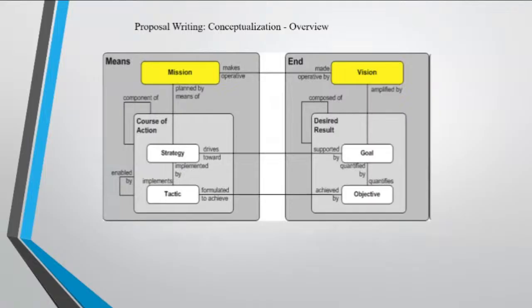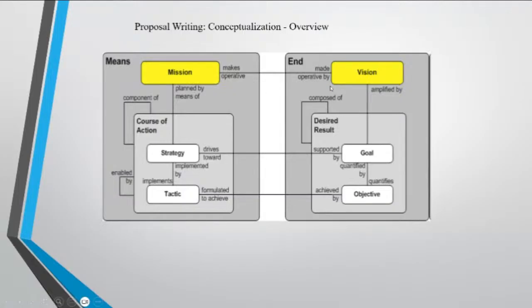So let's do an overview of that when we talk about conceptualization. And let's look at the different parts of that. This chart is broken into two pieces, the means and the ends. Let's start with the ends when we come to project overview.